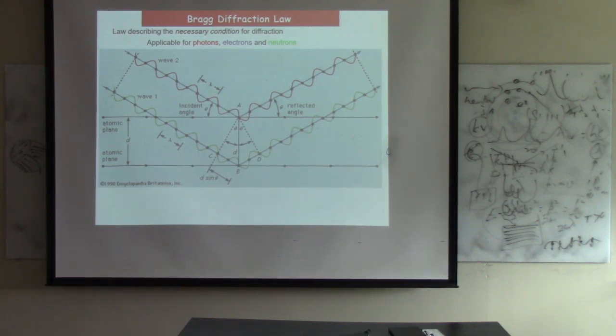Everybody remembers this, that's the plane. So we know how to calculate the spacing between these planes. It's easy to calculate for cubic crystals. Typically d is given by a divided by the square root of h squared plus k squared plus l squared.